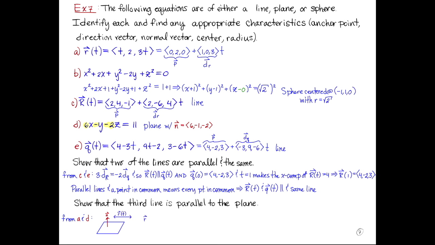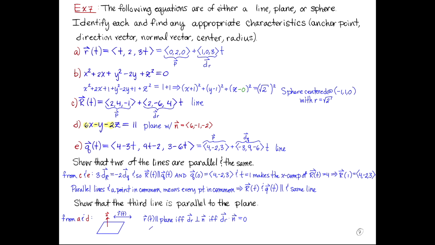R of t will be parallel to the plane if and only if the direction vector of r is orthogonal or perpendicular to the normal vector of the plane. And this is going to be true if and only if the dot product of the direction vector and the normal vector is equal to 0.